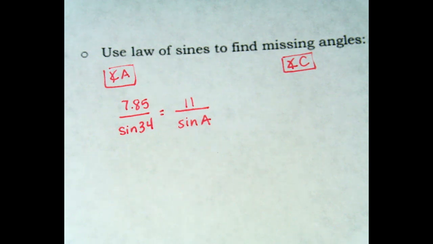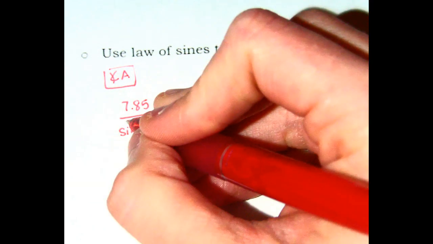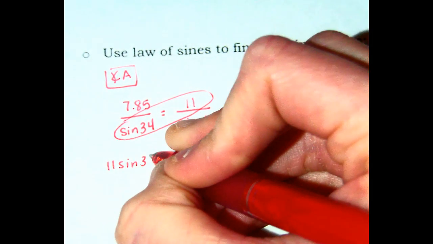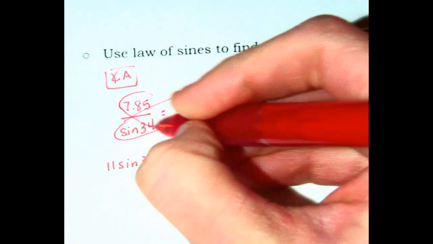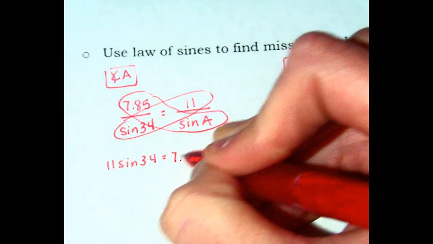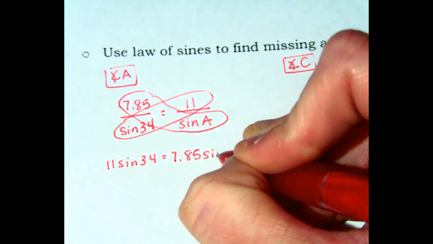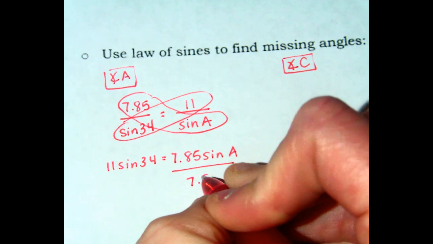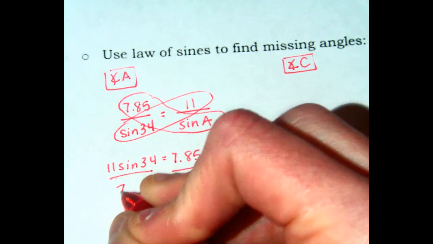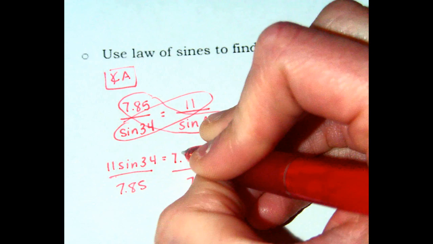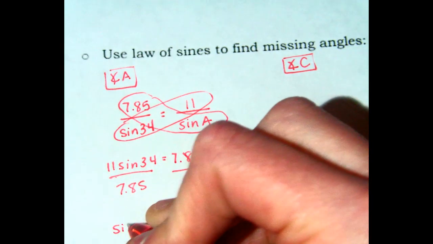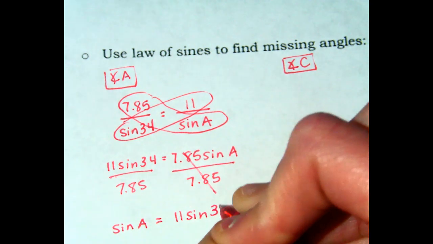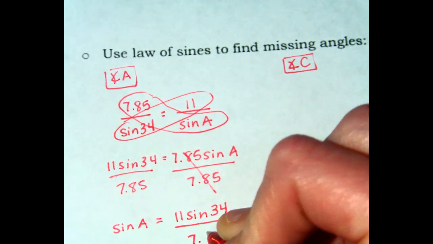Okay. How do we solve these again? So 11 sine of 34 equals 7.85 sine of A. Okay. Then what did you guys do? So sine of A equals 11 sine of 34 over 7.85.